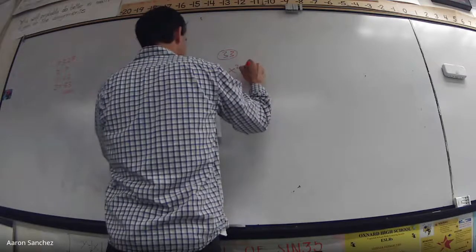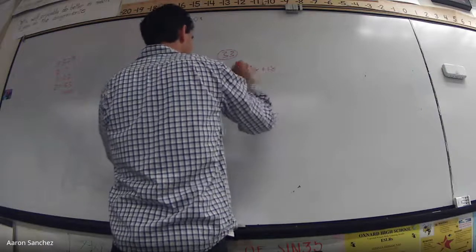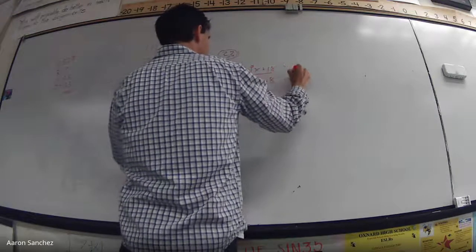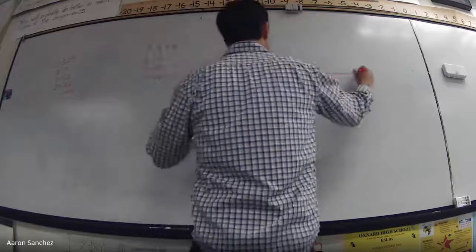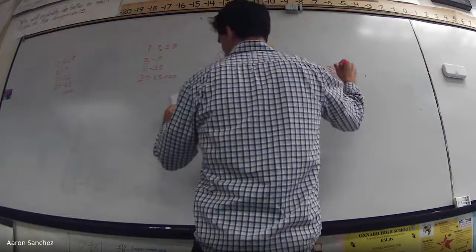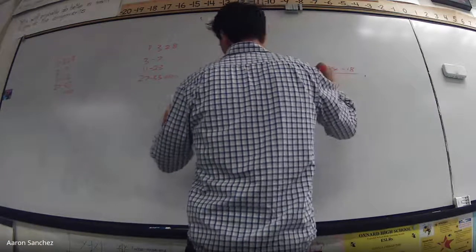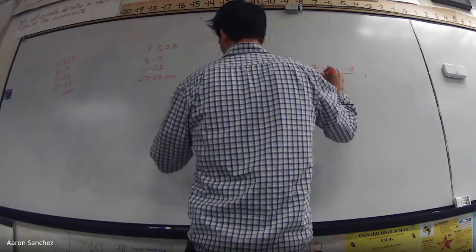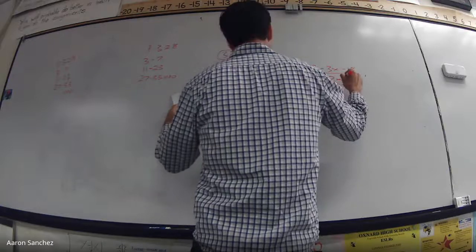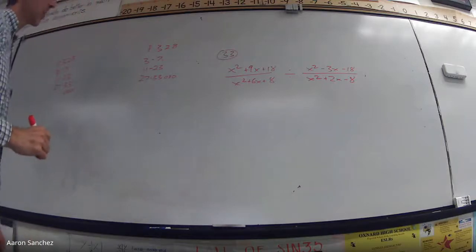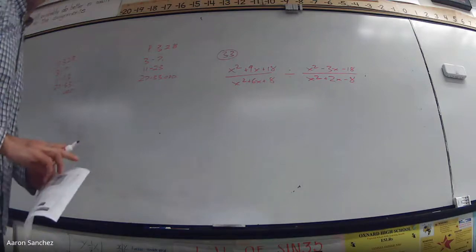X squared plus 9x plus 18 all over x squared plus 6x plus 8, divided by x squared minus 3x minus 18 all over x squared plus 2x minus 8. There we go.